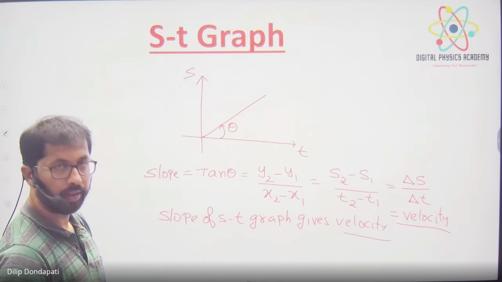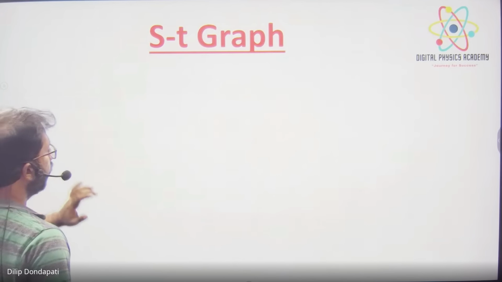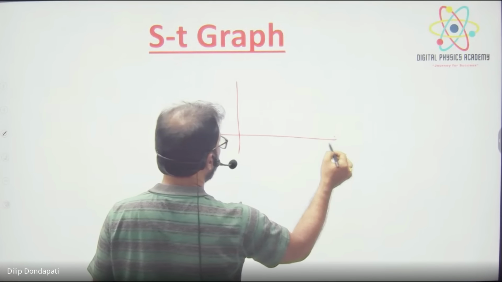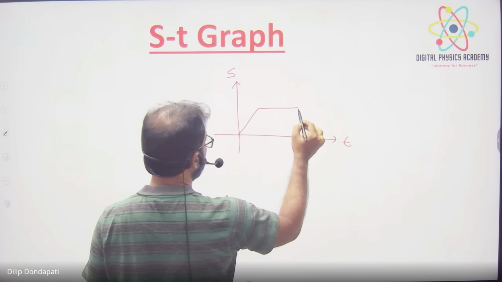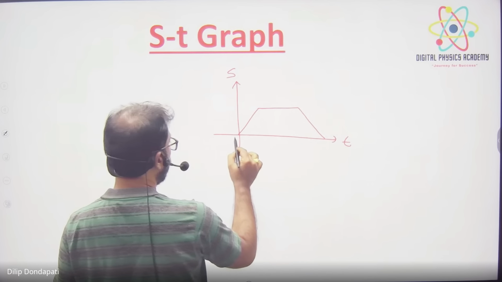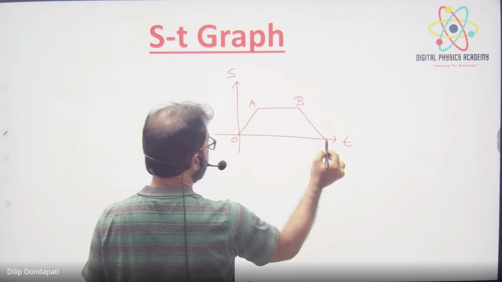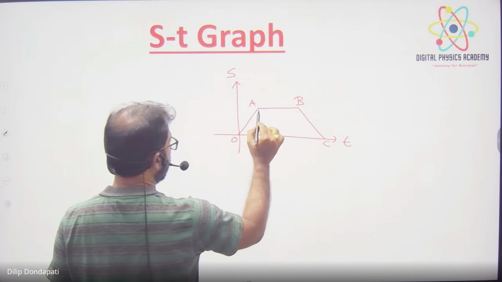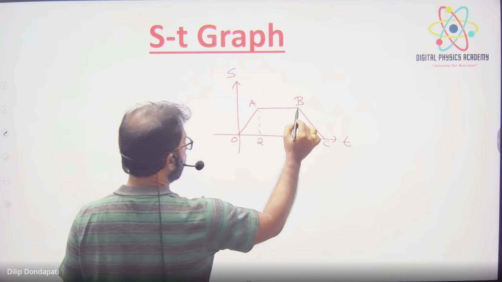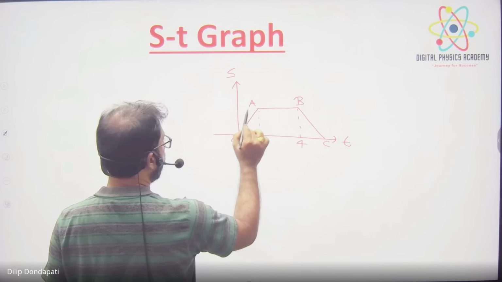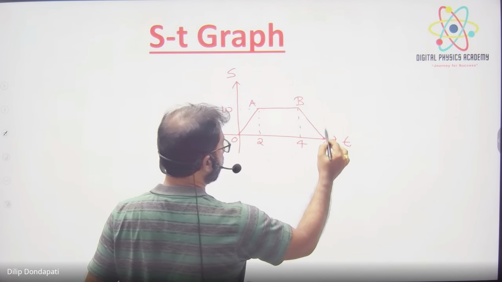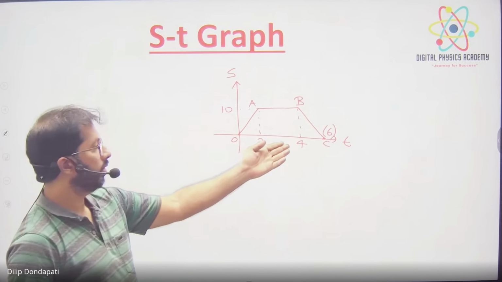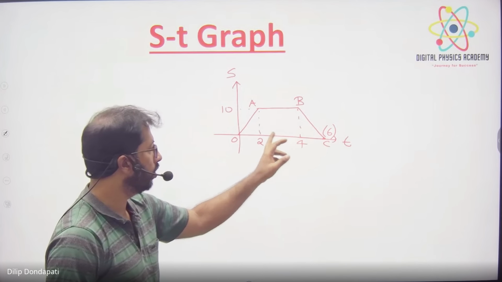Copied? Yes, sir. Okay. Now suppose I give the displacement time graph. O, A, B, C. So its coordinates are given to you: 2 seconds, 4 seconds, 10, and 6. It means on the x-axis, y will be 0, right? 4, 0; 2, 0; 6, 0.